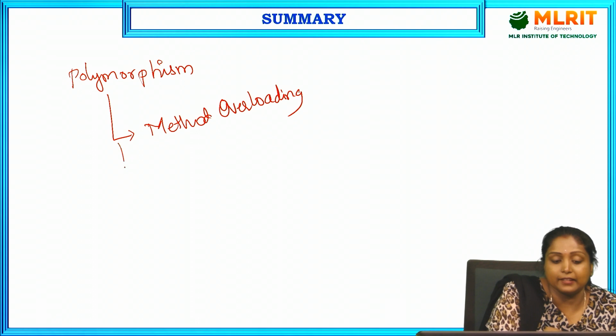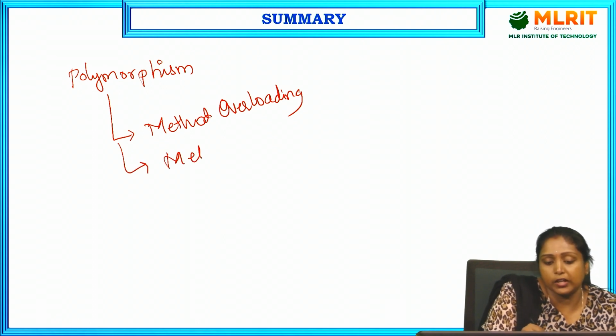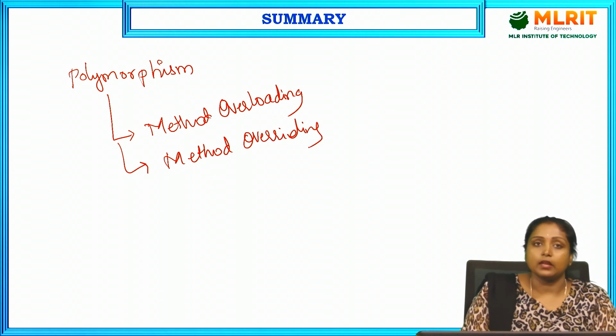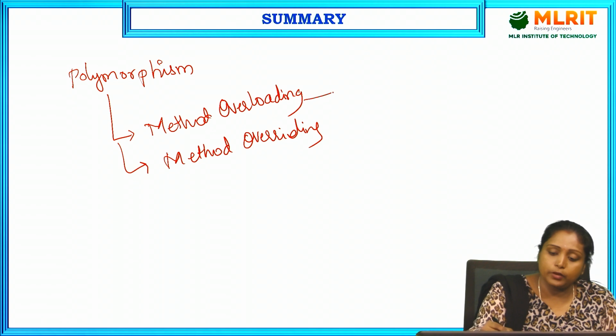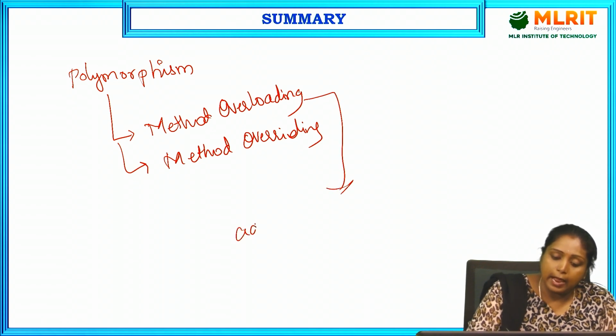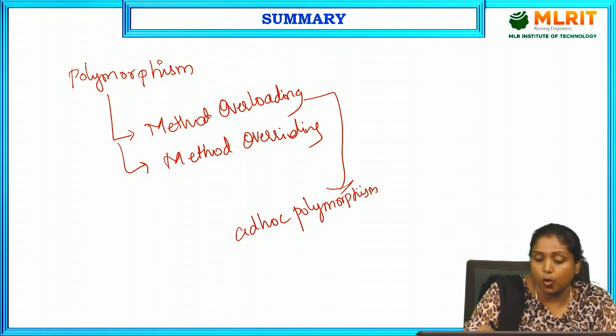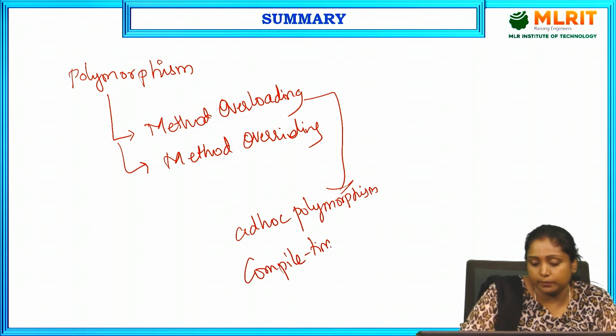And next, another concept called method overriding, we are going to see in the next class. Method overloading is also called ad hoc polymorphism, as well as compile-time polymorphism.